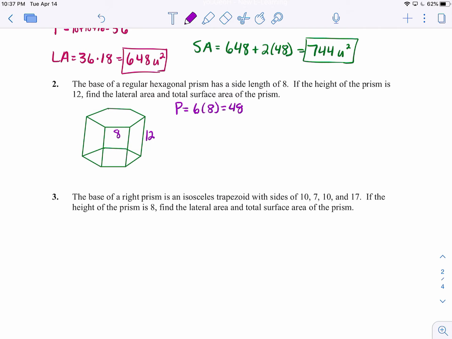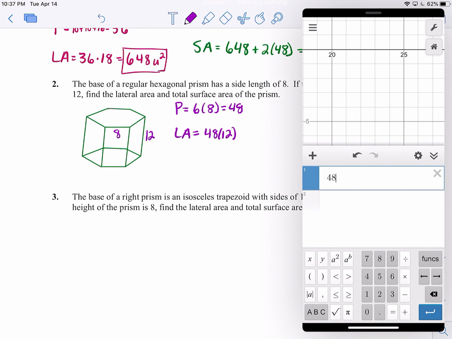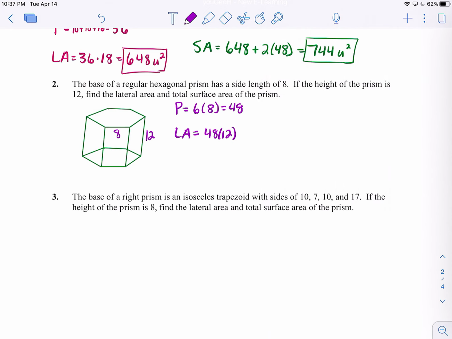It's a perimeter of 48. And the height is 12. So that makes our lateral area come out to be 48 times 12, which gives us a lateral area of 576 square units.